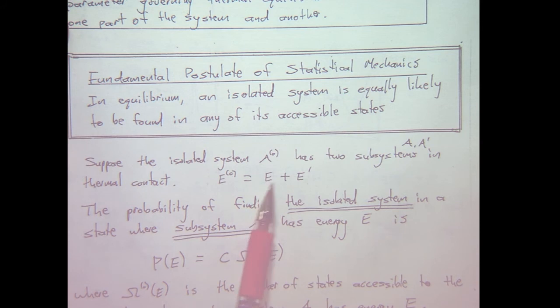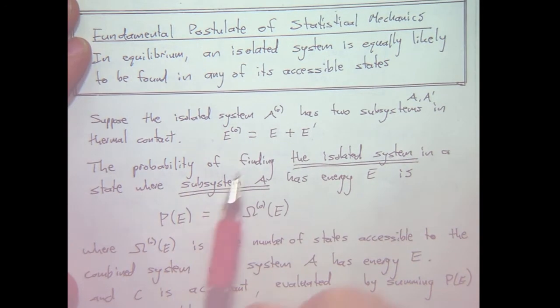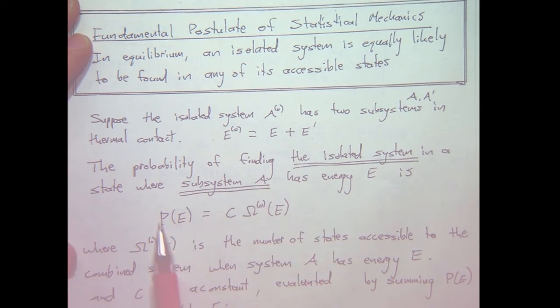Now this E and this E prime, since the systems are in thermal contact only, are random numbers, because at any instant this can change, and if this increases, this one has to decrease by the same amount, by conservation of energy. Now the probability of finding the isolated system in a state where subsystem A has energy E is this P of E here.